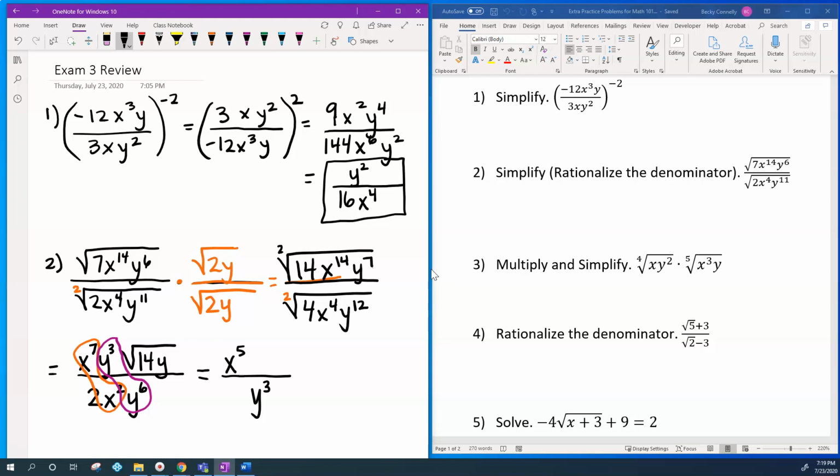If you did square root of 14 on your calculator, you get some crazy long decimal, 3.74165, blah, blah, blah, right? So it's not really a 14, right? Square root of 14. So that 2 is going to stay on the bottom there, and the square root of 14y will stay on top. And now we're done. All right, and then we'll have our answer there.